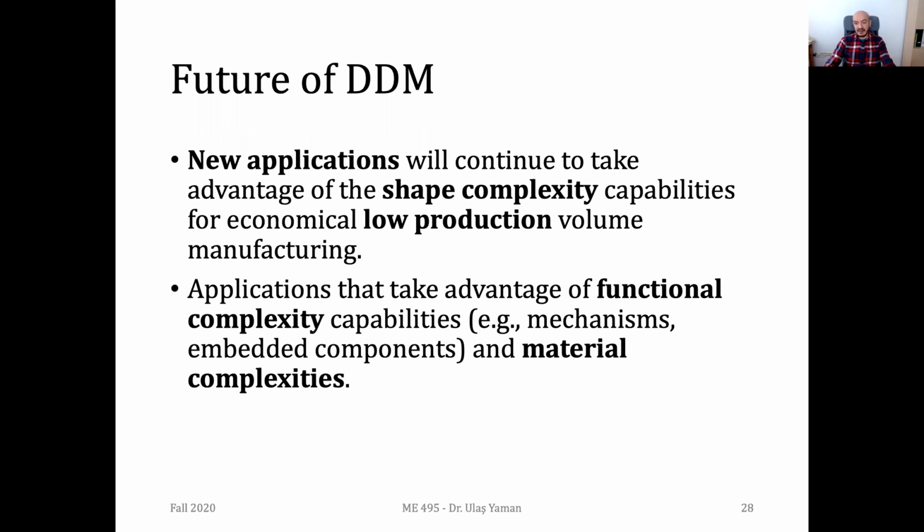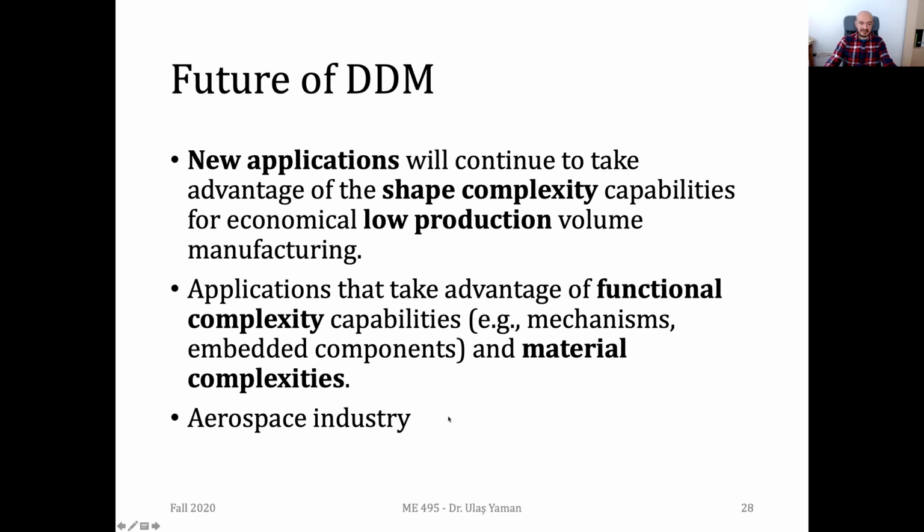You can even have some functional complexities in the parts. You may have components, electronic sensors, circuitry, mechanisms. They can all be included in the parts. And we may have further material complexities. You may be printing 2 materials, even 3 or more at the same time, and they will all be present in a single product.